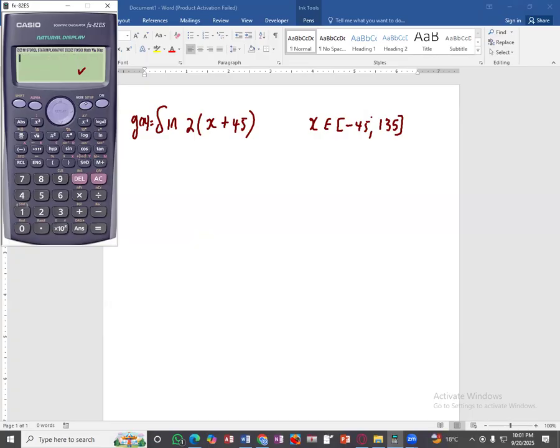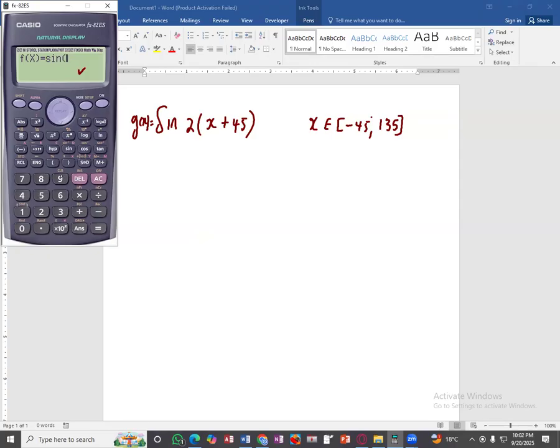Okay, let's start mode. Free for table, then we insert the function. We say 2 sine, and then we say 2 into... let me say sine. I'm facing a challenge here, guys, because you have to say 2 into x plus 45.